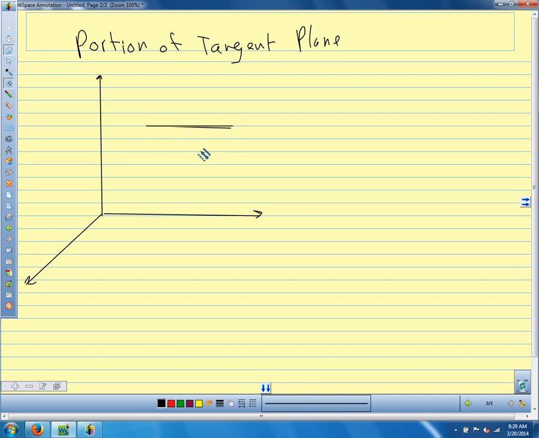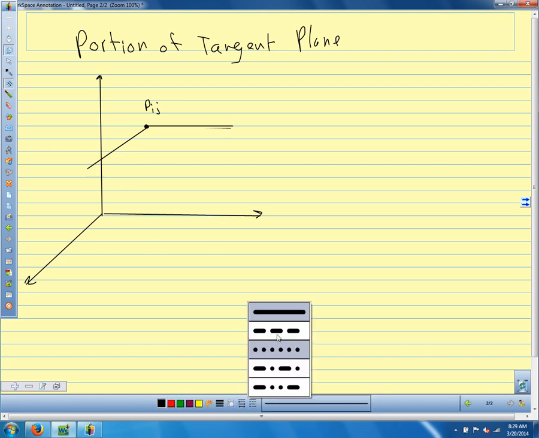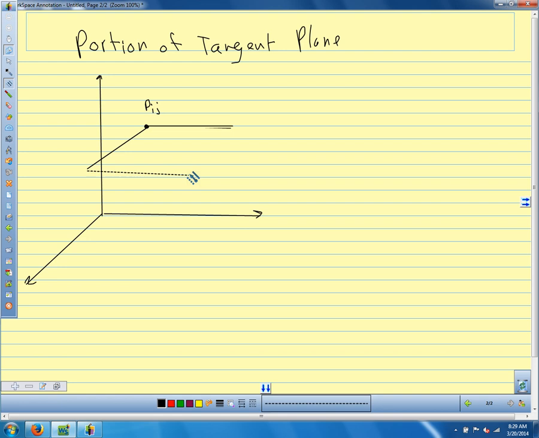The little portion, I'm going to magnify it a little bit here. And here's P sub ij. I'm going to extend the sides and draw the other two sides in dotted lines. So there's our portion of the tangent plane.